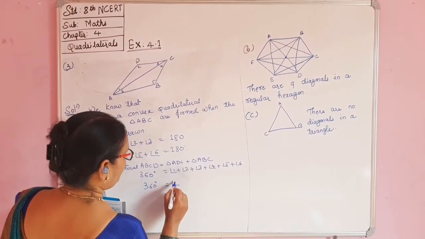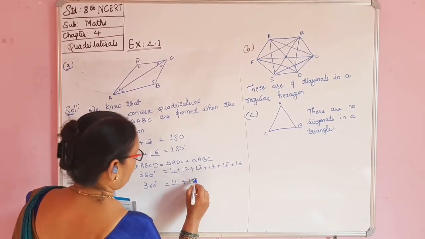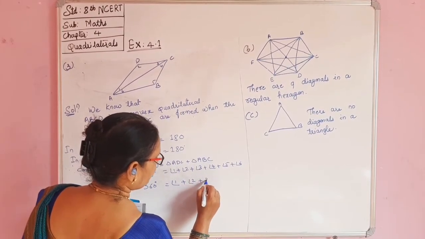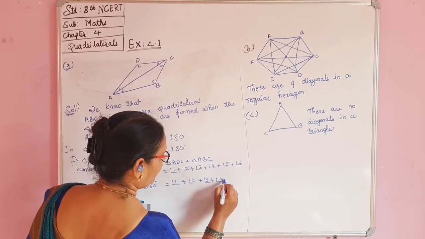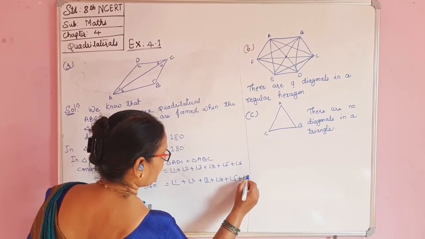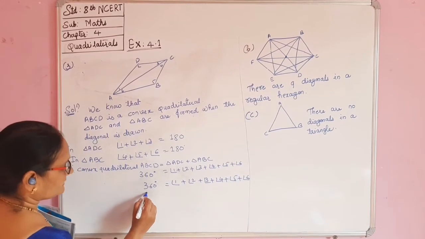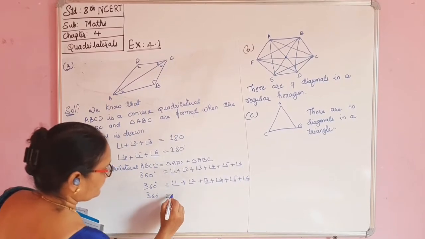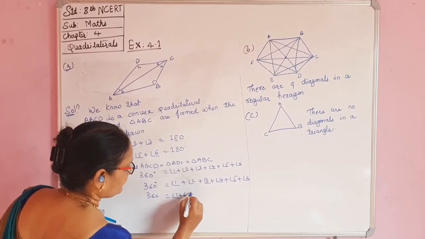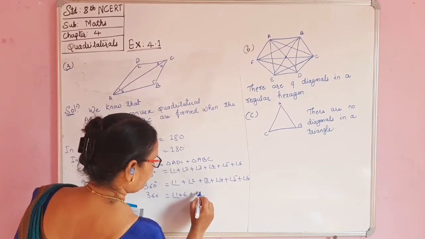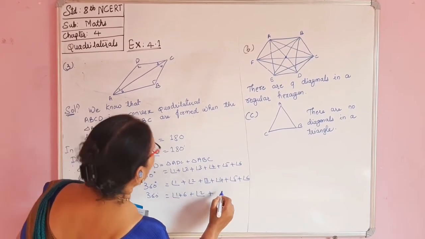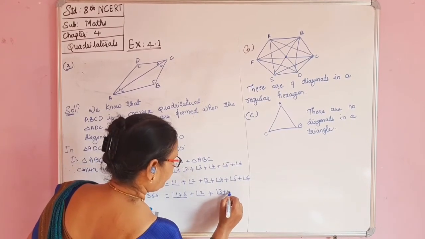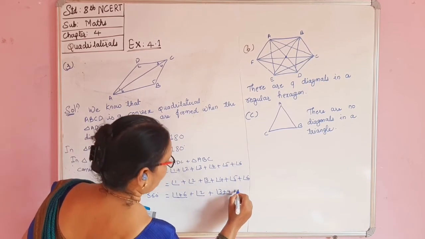Now 360 degrees is equal to angle 1, angle 2, angle 3 plus 4 together it is angle C, now angle 5, angle 6. So 360 degrees is equal to angle 1 is nothing but 1 plus 6, angle 2 as it is, angle C is nothing but angle 3 plus angle 4, then angle 5.